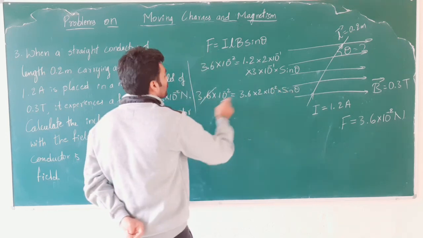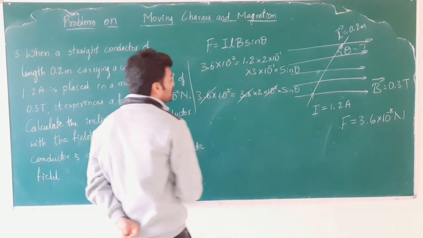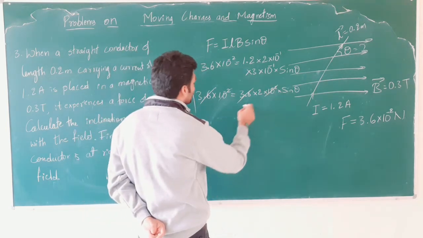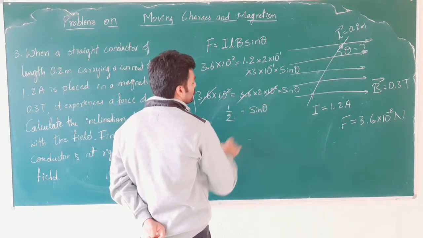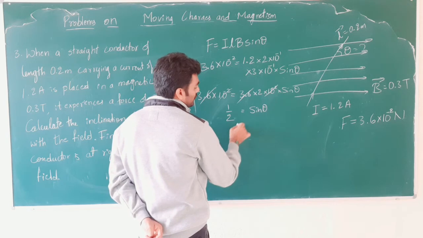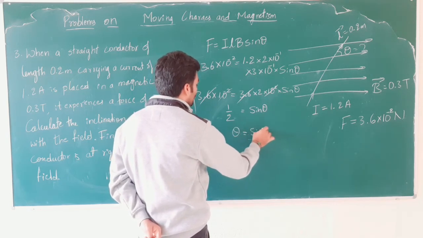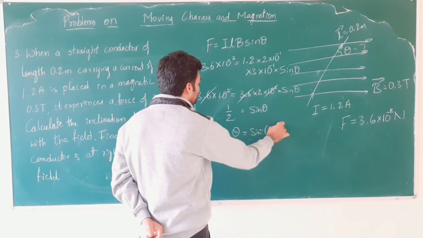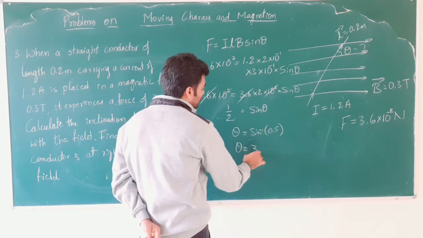And now you have 3.6 and 3.6, same factors getting cancelled, 10^-2 and 10^-2, same factors getting cancelled, and hence we will be left with sin theta equal to 1 by 2. So if sin theta is equal to 1 by 2, what should theta be? Sin inverse of half, which is sin inverse of 0.5. So theta is 30 degrees, right?